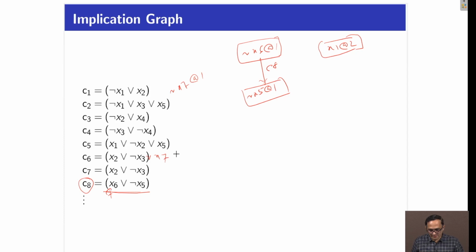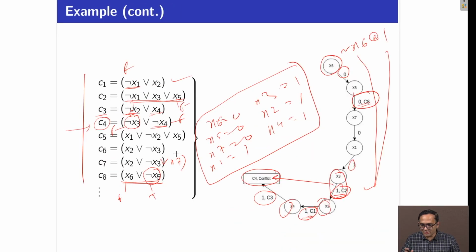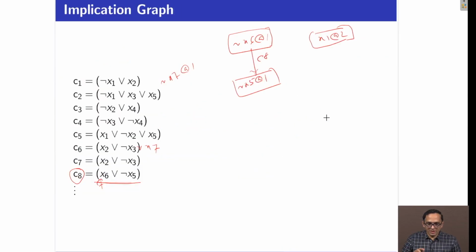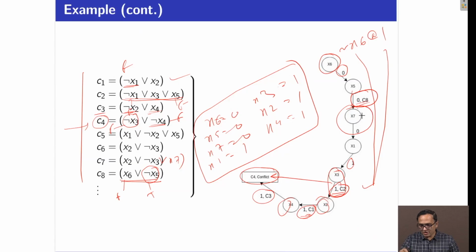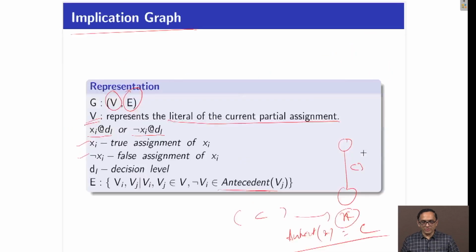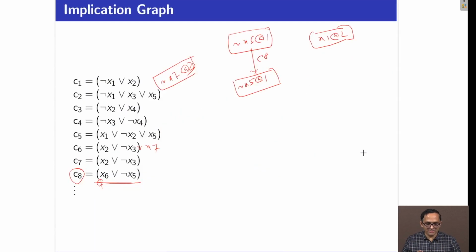So, here I have taken x7 equal to 0 at decision level 2, and it does not impact any of the BCP, that I have also seen earlier. So, this is kind of an unnecessary decision.